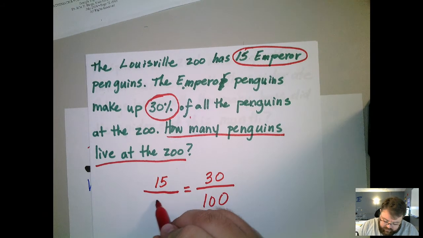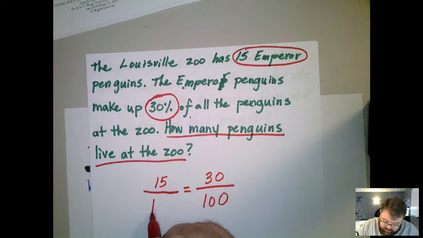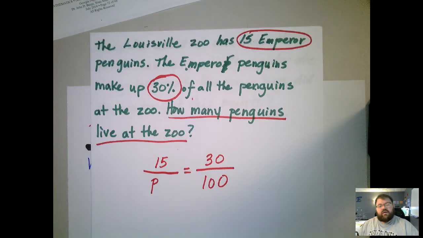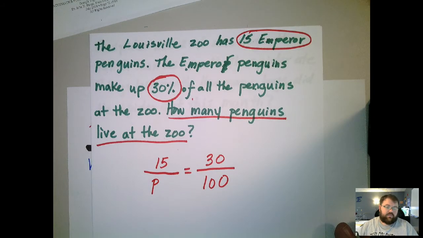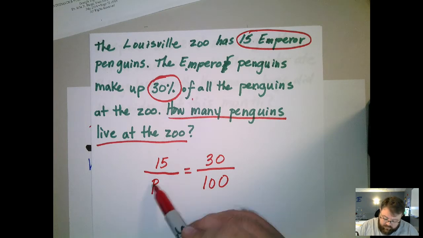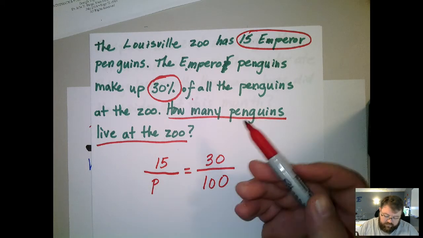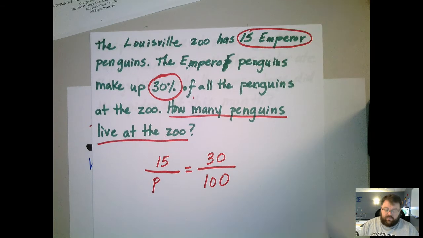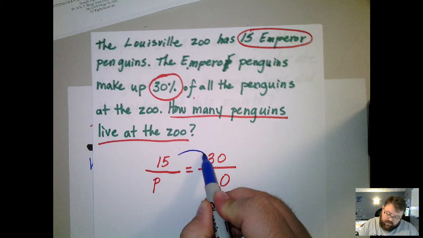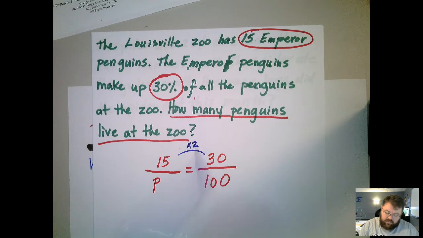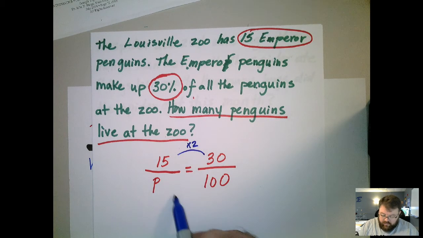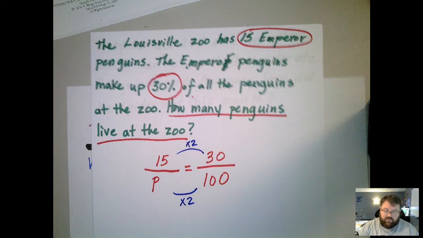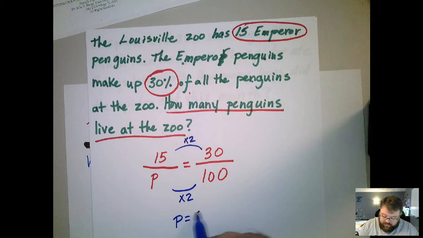And then we're trying to figure out, I want to put a P for penguin. How many do they have? Well, you could do cross products. We've been doing that. What if I did scale factor? What times 15 is 30? It's 2. What number times 2 is 100? Hopefully you said 50. So P is equal to 50.